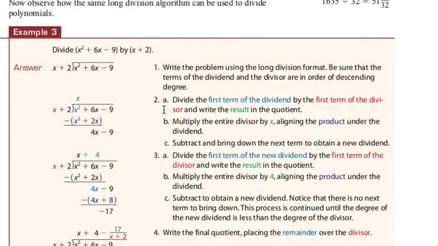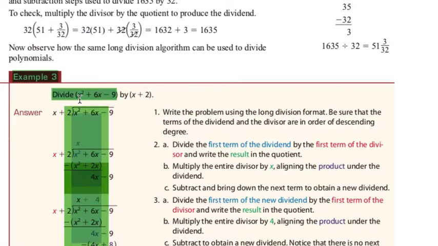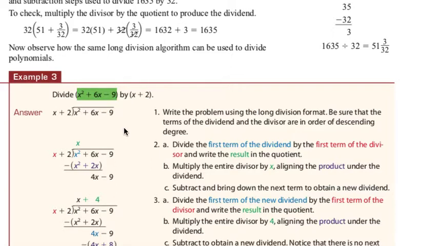Descending degrees means, in this x squared plus 6x minus 9, the highest degree goes first, which is x squared. And then the next one goes next. This is x, which is really x to the first power. And this does not have a variable, so that degree is 0.